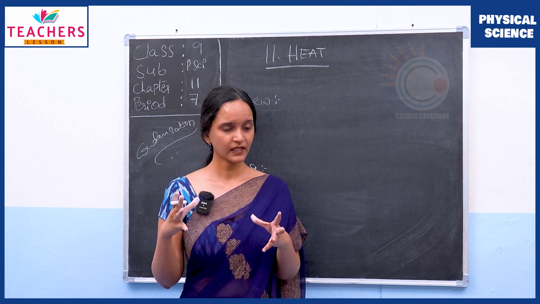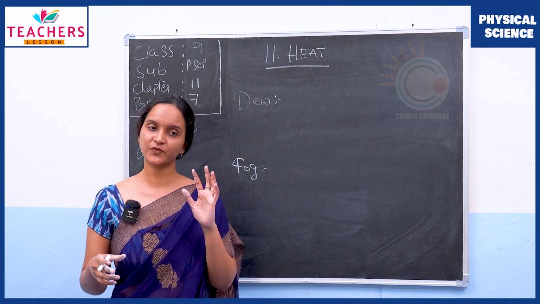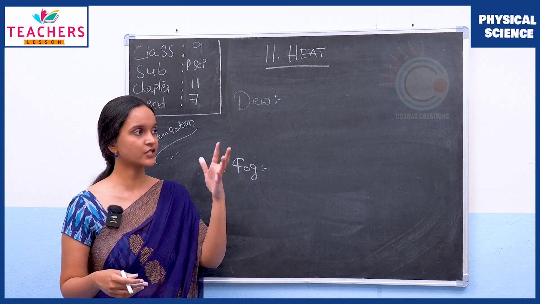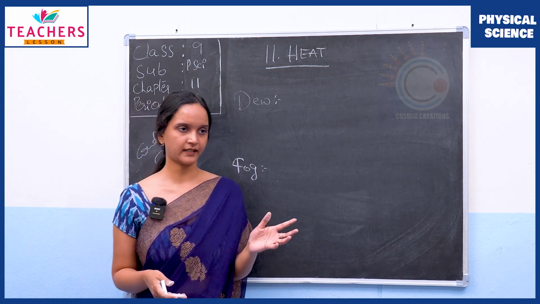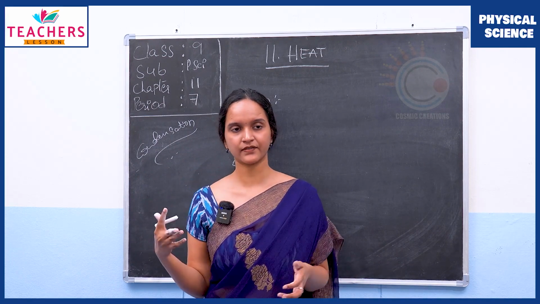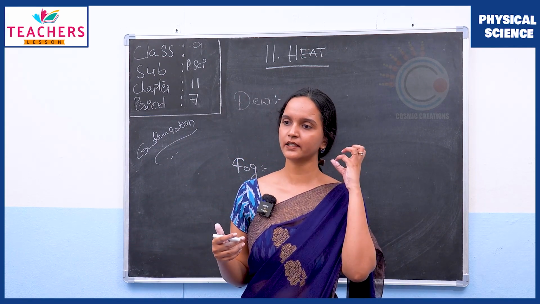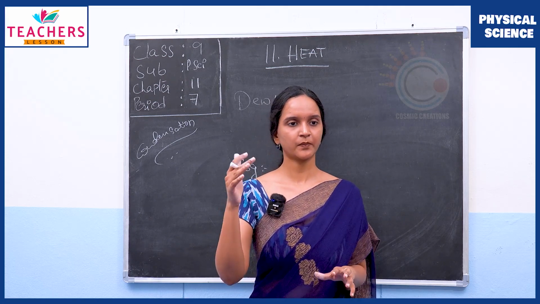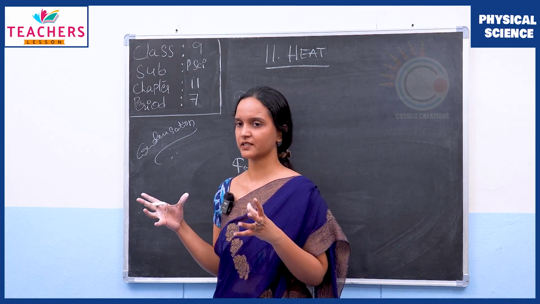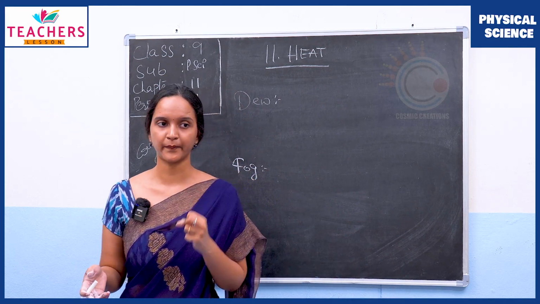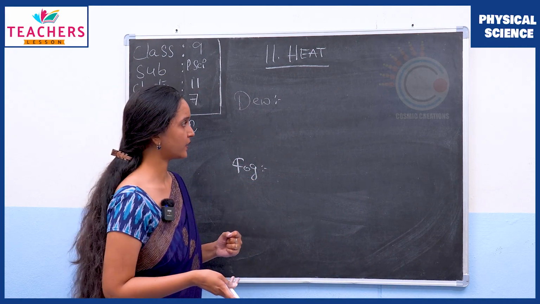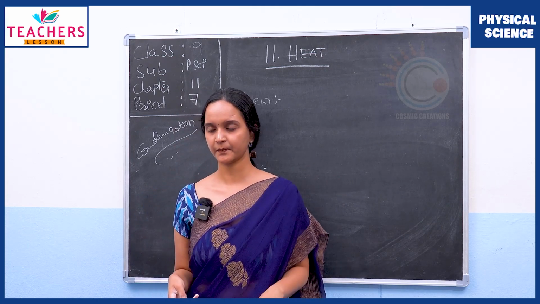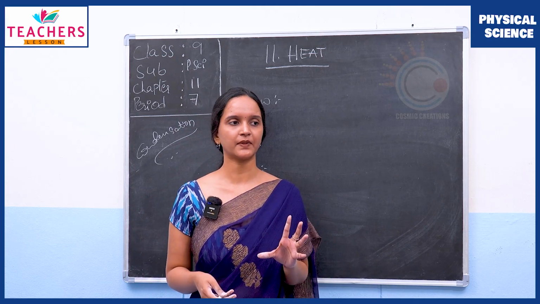Now, as a result of this, the objects like our window panes, the car windshields, the vehicles outside, the grass, the plants, leaves, etc. The temperature of all these objects would also be reduced. Correct? All these objects are at colder temperatures when compared to the water vapor particles present in the air. Now, the same thing happens.